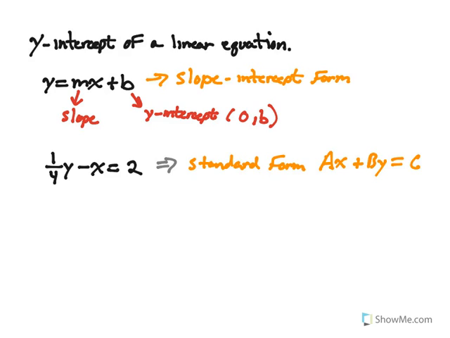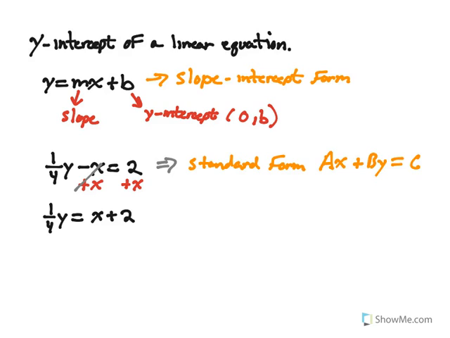Since y is on the left, I'm going to keep it on the left and move my x term to the right. These will cancel, and you're left with 1/4 y equals, instead of writing 2 plus x, I'm going to write x plus 2. Algebraically, I can't combine an x and a number, a variable and a numerical, so I just write it horizontally.